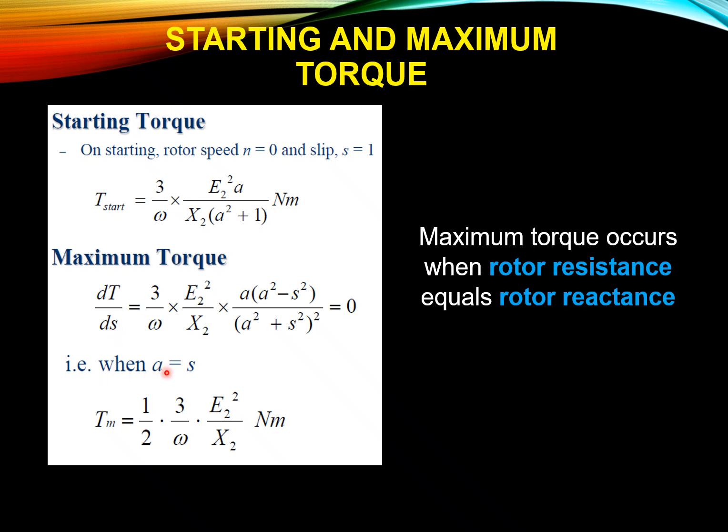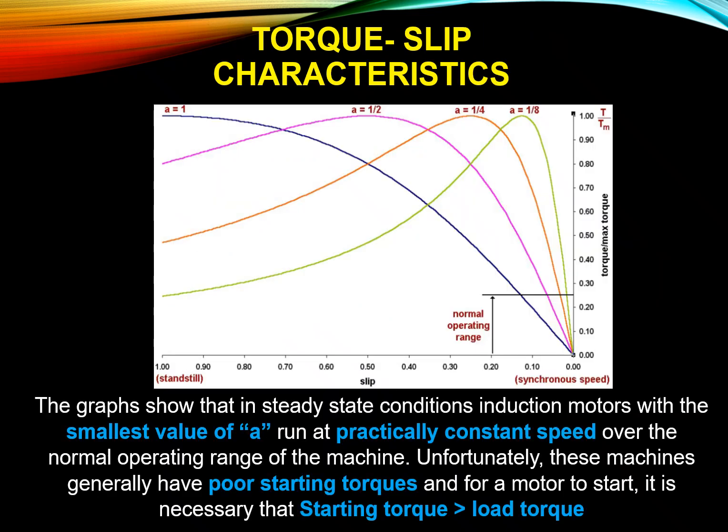And when you simplify this formula, you get Tm, the maximum torque. So this is the formula. Maximum torque occurs when rotor resistance equals rotor reactance. So you have the value of X and also the value of R. In the previous formula you can see the value of R. So they must be equal in order to achieve maximum torque.